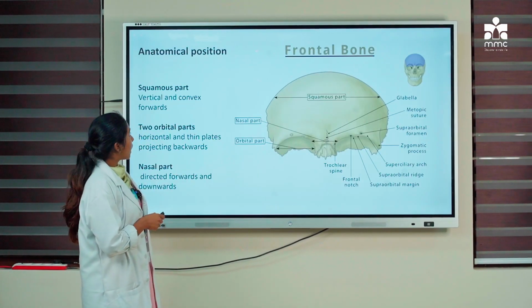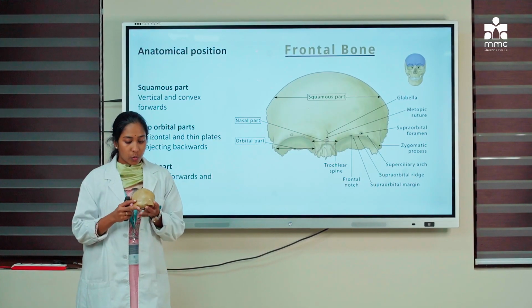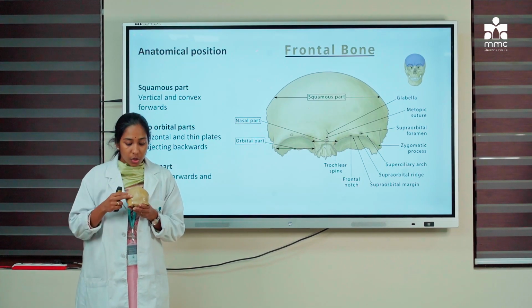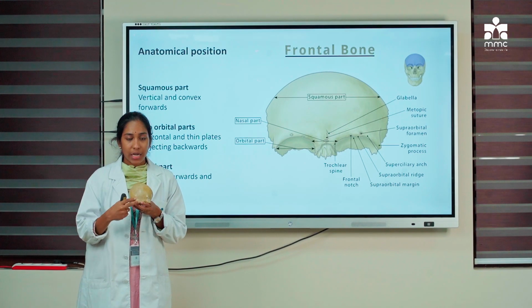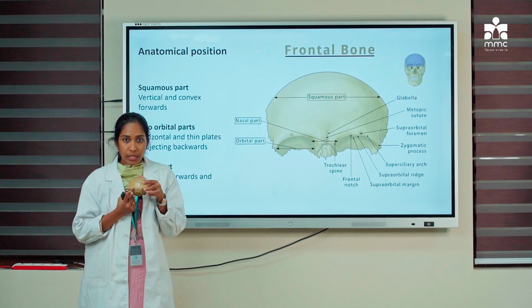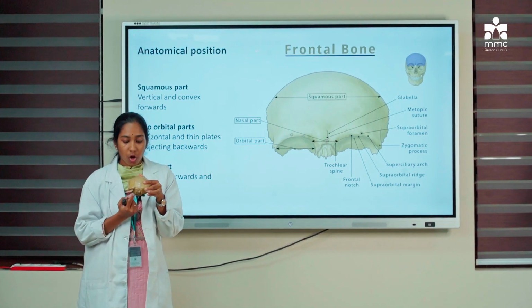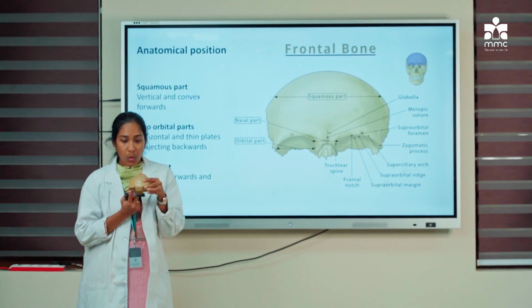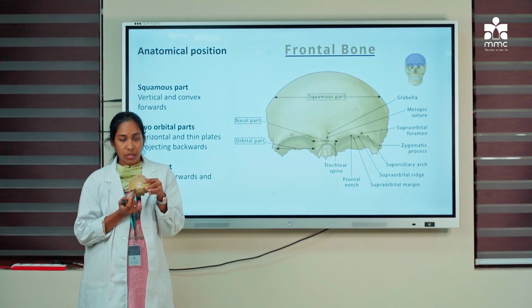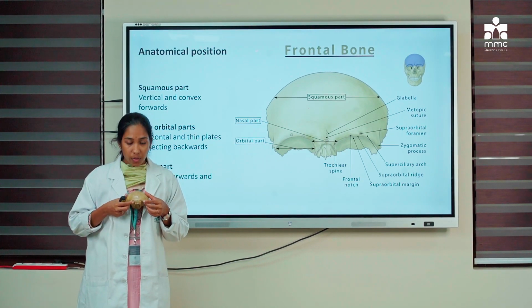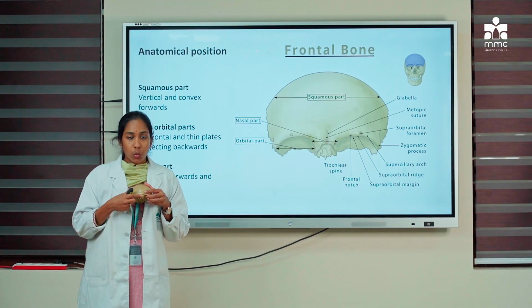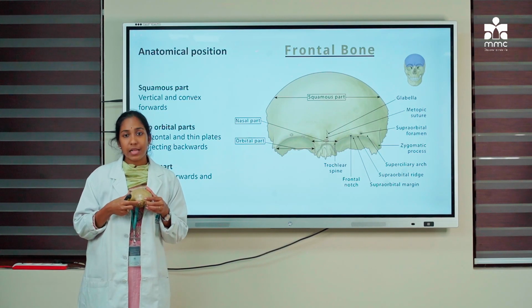So what is the anatomical position of the bone? The squamous part should be convex and vertically downwards. The orbital part should be horizontal and backwards, and the nasal part, which is present in between the orbital parts, should be vertically downwards and forwards.